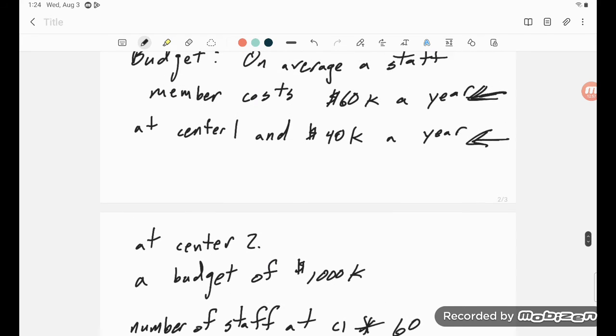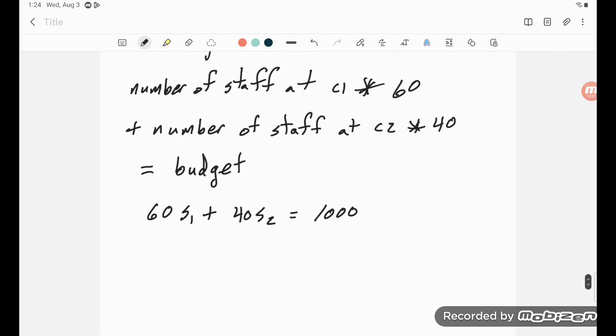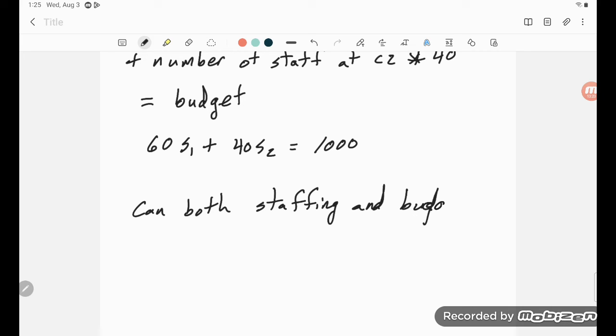And actually, what we end up often wanting to do is know, can we satisfy both of these at once? So can both staffing and budget work at once?